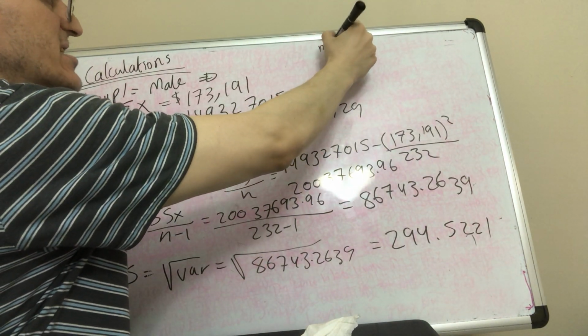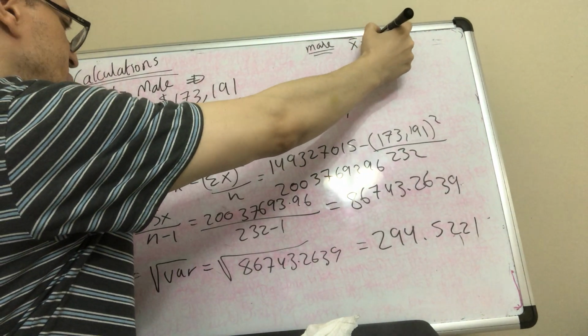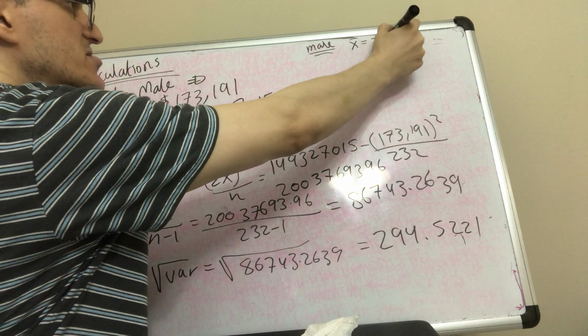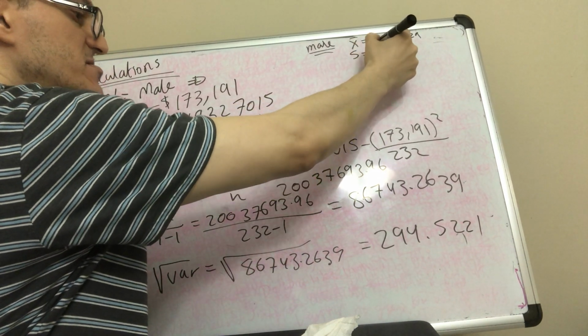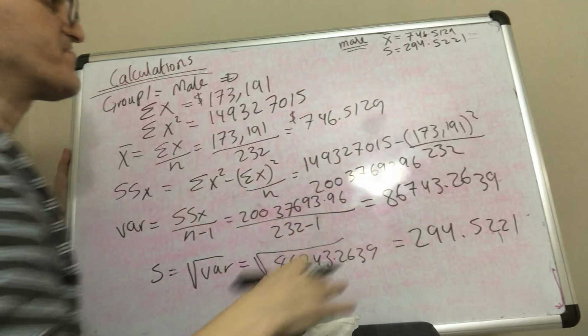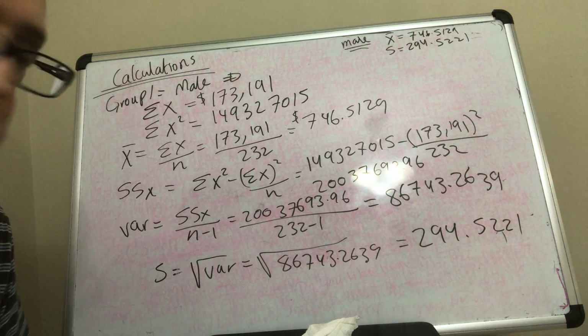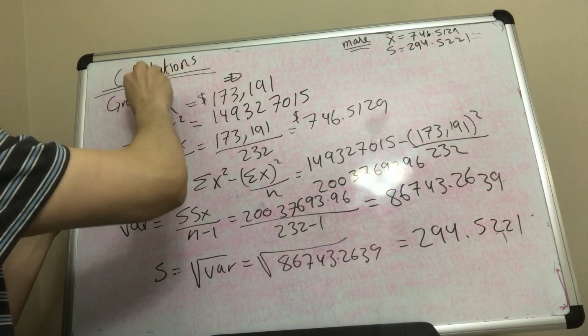So for male, I'll write it down here so that I remember, the average is 746.5129 with a standard deviation of 294.5221. Then we do the same thing for female as group 2.